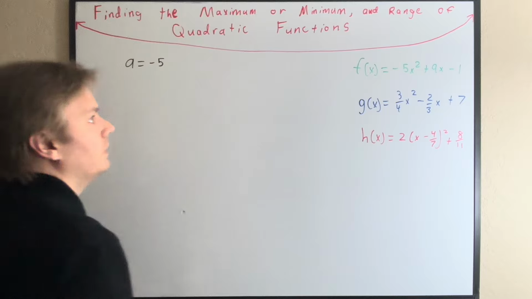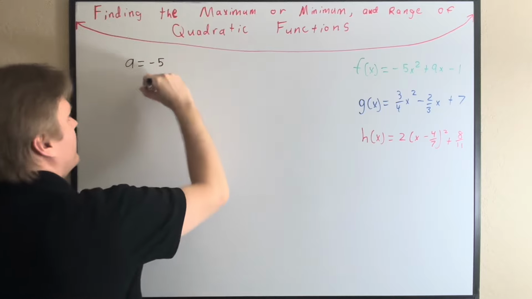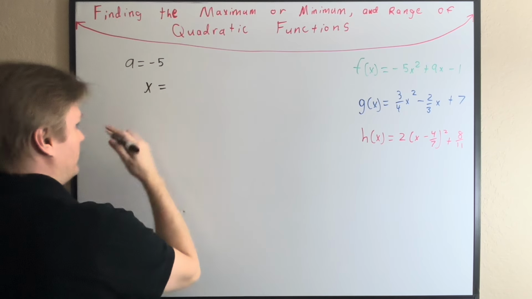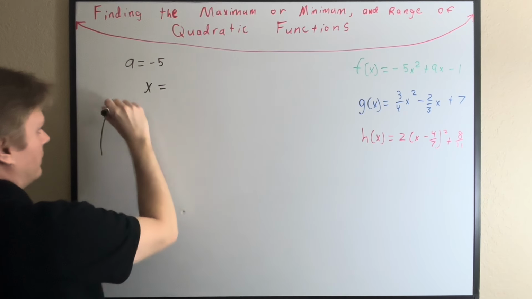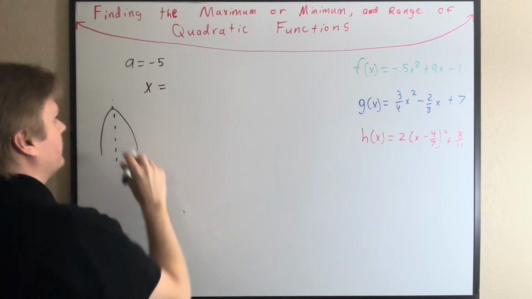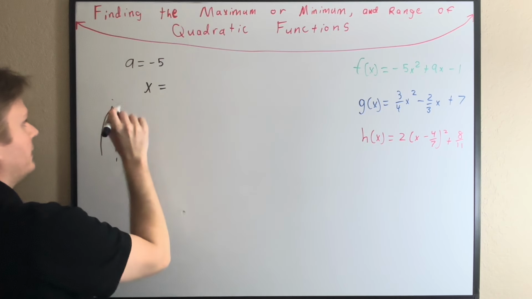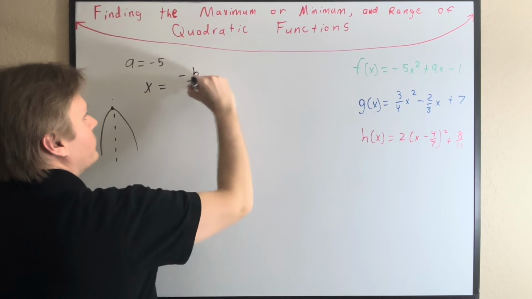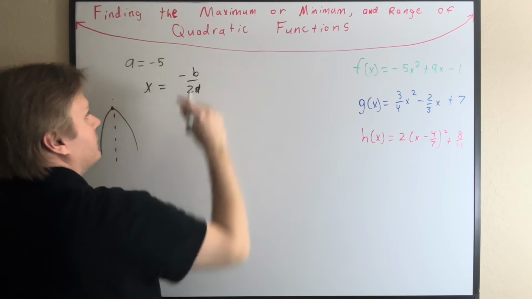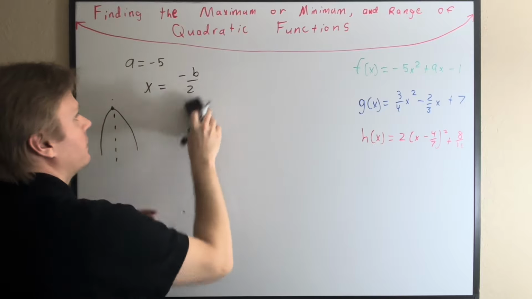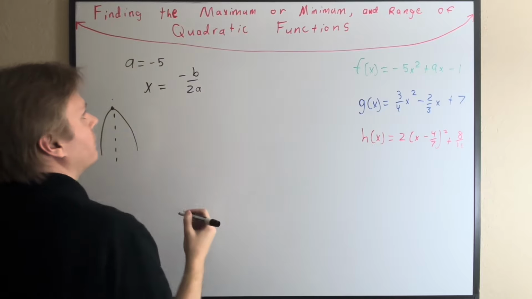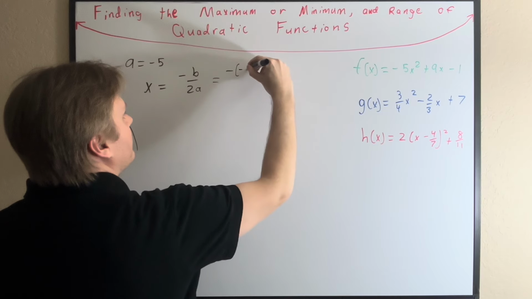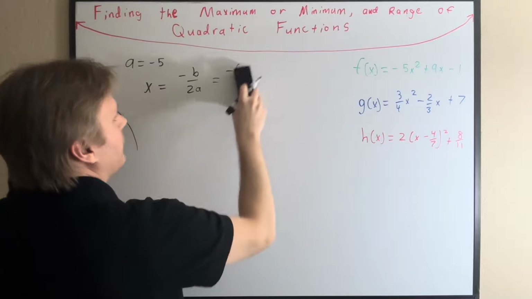Okay. Well, how do we find that? Well, let's find the axis of symmetry first. Axis of symmetry would be this dotted line right here, going right down the middle. We find the x value of our vertex, and then we can find the y value. And that is negative b over 2a. That's how you find the axis of symmetry. So negative b, negative 9.